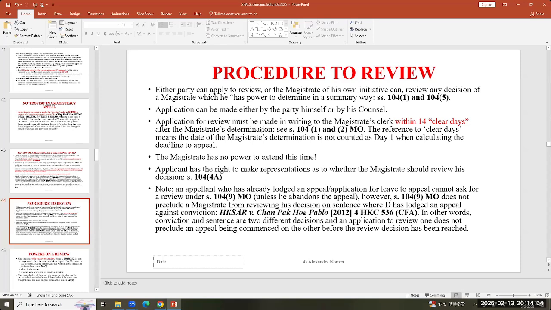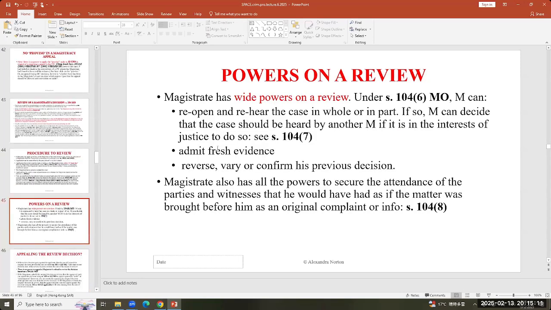So it's quicker, it's cheaper, and you can do it at any stage of the proceedings rather than waiting until the end. So you can get a quick decision where something has clearly gone wrong and get it fixed, rather than having to wait to the conclusion of the trial and appeal it then.